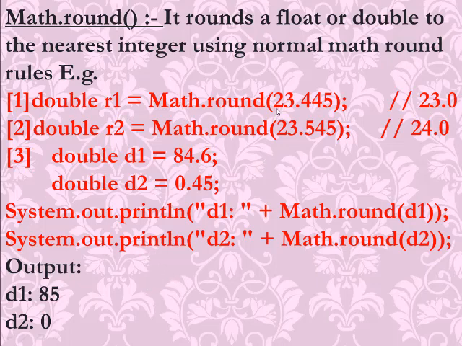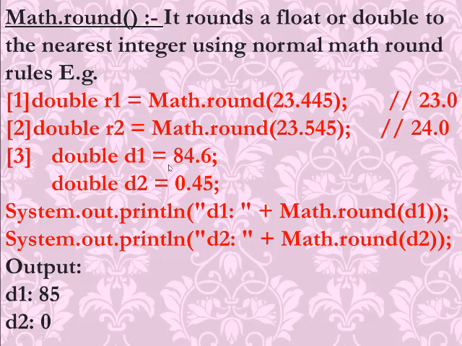For example, in the first one, if it is 23.445, the digit after the decimal is 4, which is less than 5, so it will return 23 as it is. But in the second example, Math.round(23.545), the first digit after the decimal is 5, which is 5 or more, so 1 will be added to the number before the decimal, that is, you will get 24.0.